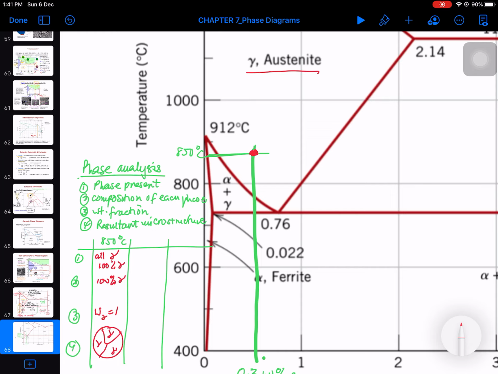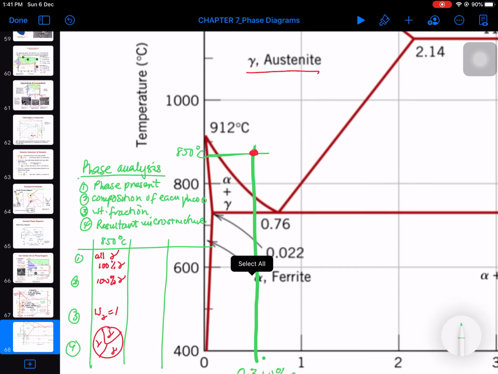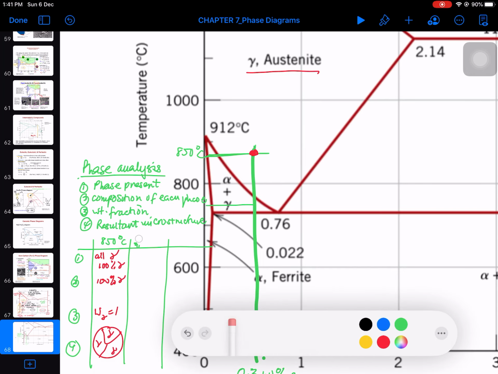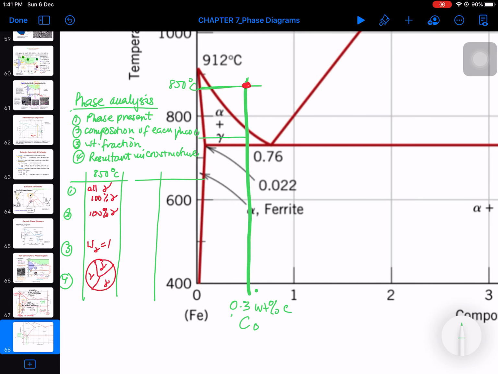The second temperature, let's put it as maybe 820 here. No, sorry, it's 780 here, maybe 760, sorry. Let's say this is 750.